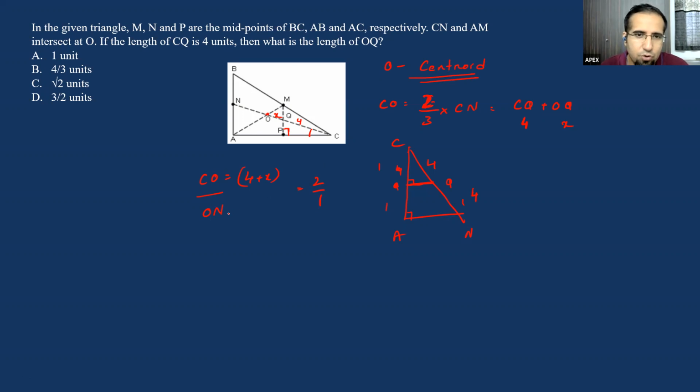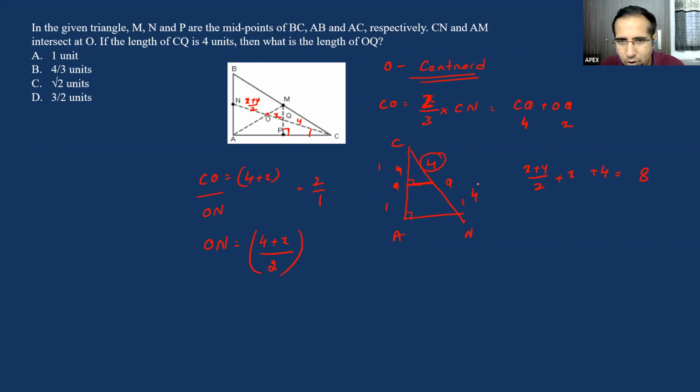So therefore, the value of ON will be equal to (4 plus X) divided by 2. Clear? So I have all the values here. So this is (X plus 4) by 2. I have X and X plus 4 here. So I can write this as (X plus 4) by 2 plus X plus 4. Now this should give you the value of CN, and the value of CN is going to be 8 here.